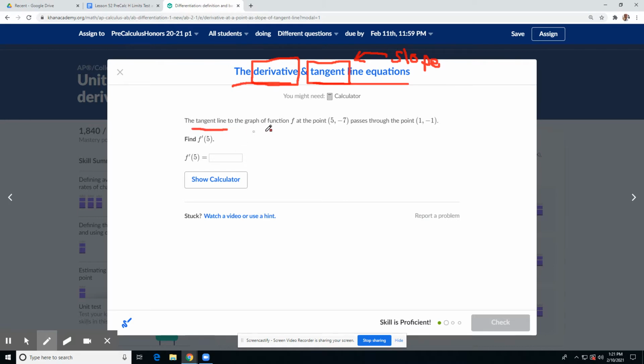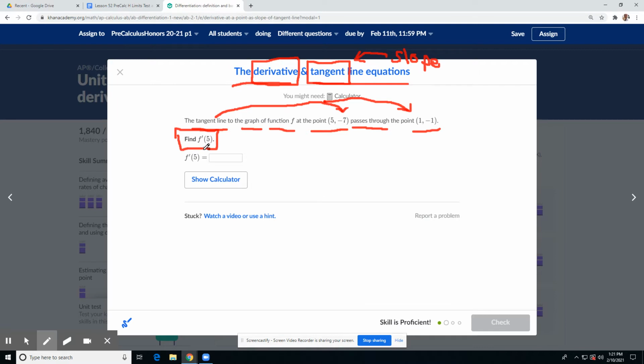So the tangent line to a graph of a function f at this point passes through this point. They want us to find f prime of 5, or the derivative of our function at 5. Basically, all we're doing here is they gave us the tangent line. The tangent line goes through these 2 points, right?